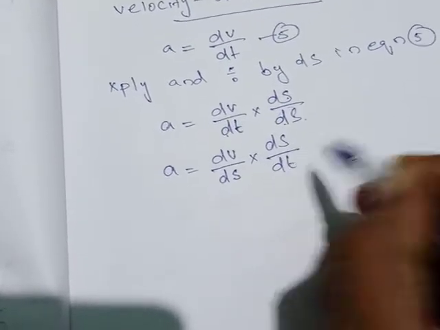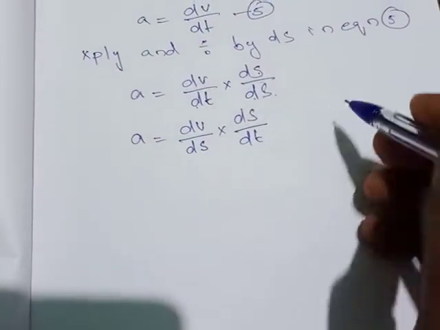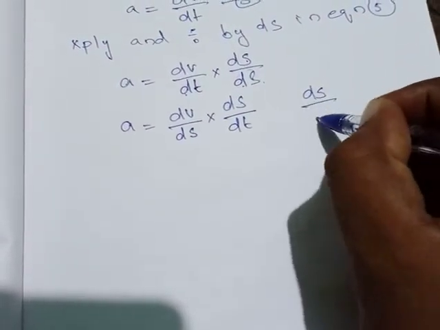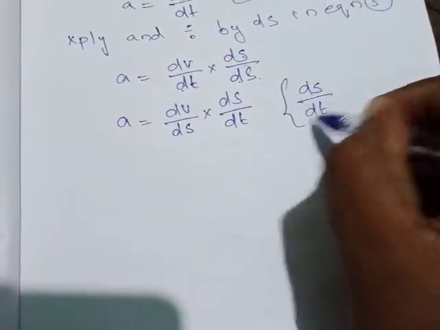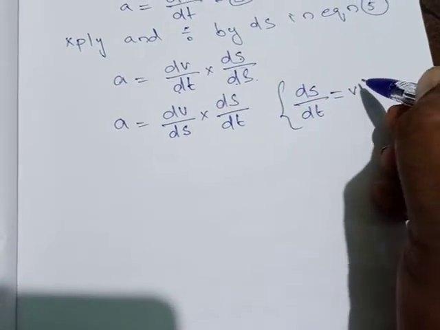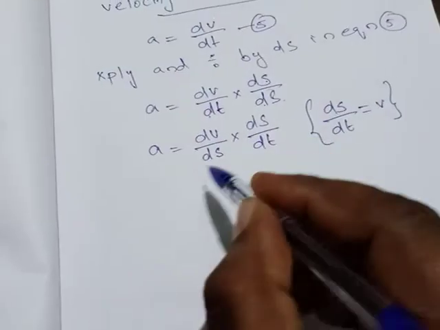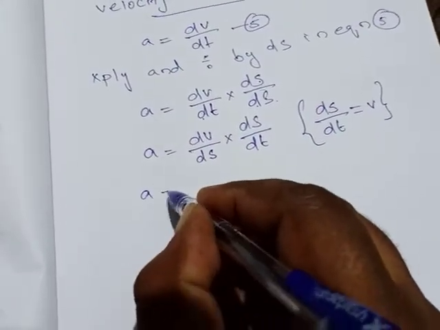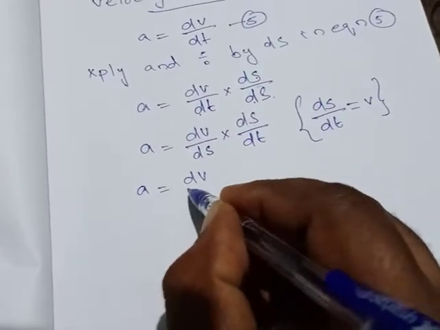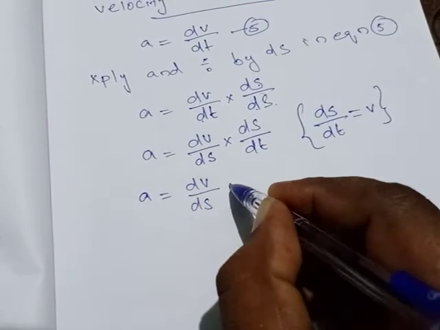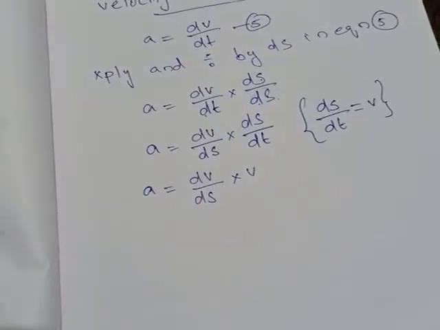Now we know that this ds by dt means what? ds by dt means displacement by time, that is equal to velocity. Now multiply here. So a is equal to dv by ds into v.